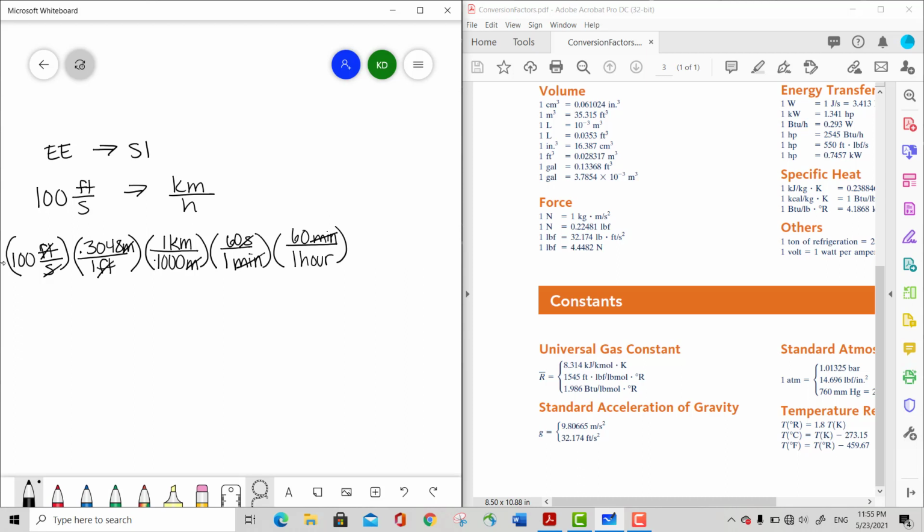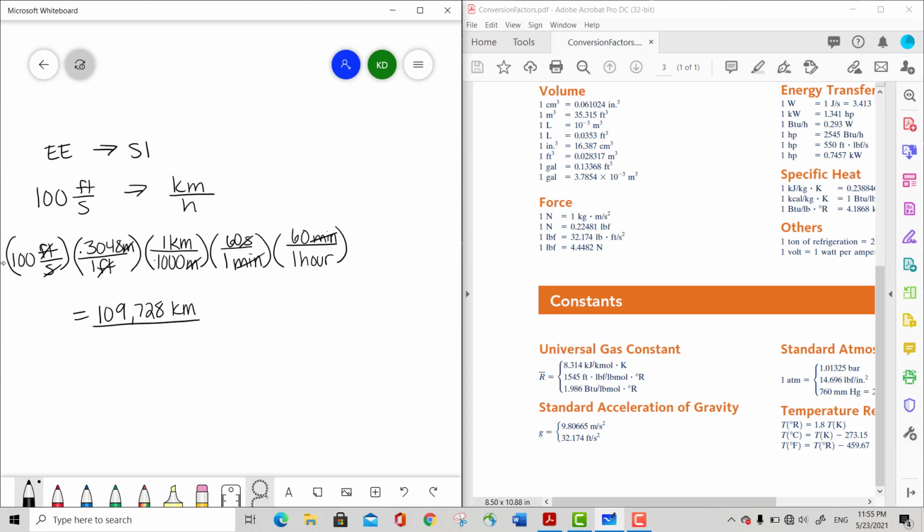So we've got what we need here. Now we just need to multiply across. If you multiply the 100 times 0.3048, 160 and 60, you're going to end up with 109,728 kilometers.